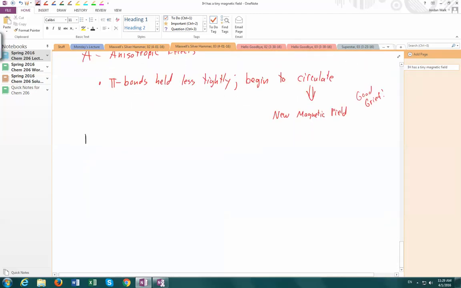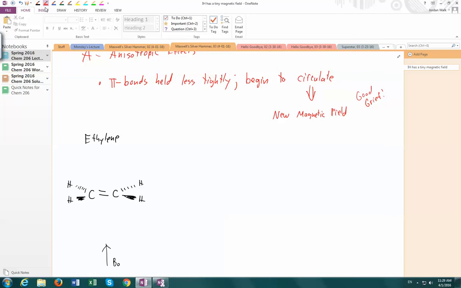All right, so in the first case, we'll look at ethylene. We're going to have an applied B naught. And when we put ethylene into our magnetic field, it's going to orient itself in this manner. The reason that it orients itself in this manner is because of our new circulating magnetic field.